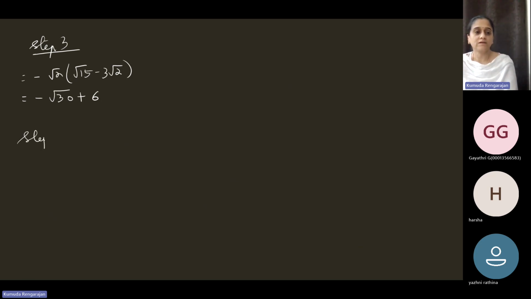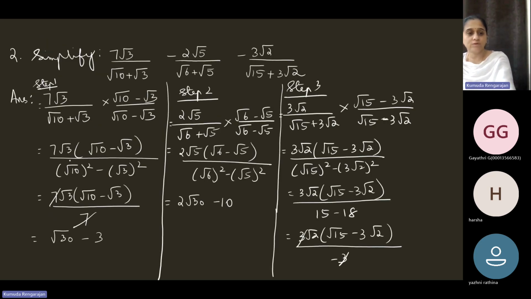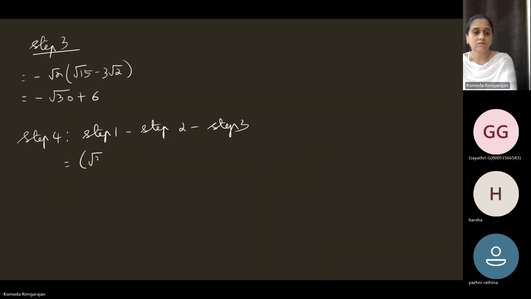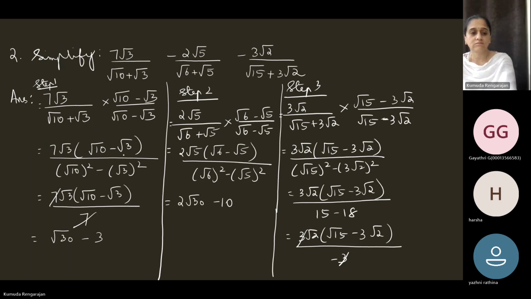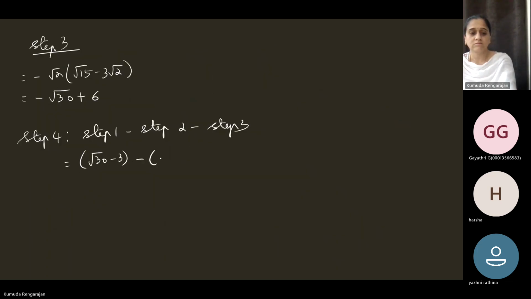Step 4 is step 1 answer minus step 2 minus step 3. So what do we get in step 1? The answer is minus 2 root 13 minus 13.